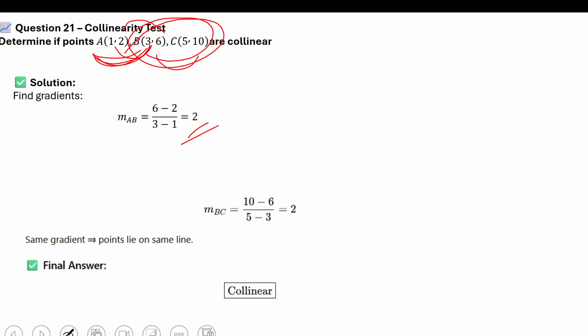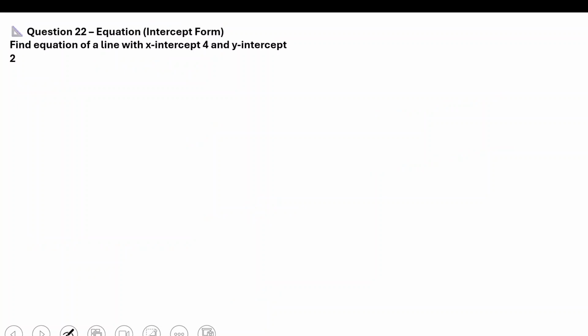Collinearity and parallelism are similar in that the gradients are the same, but the conditions are quite different. For parallel lines, the gradients are equal. For collinear points, the gradients of this line and this line are the same.